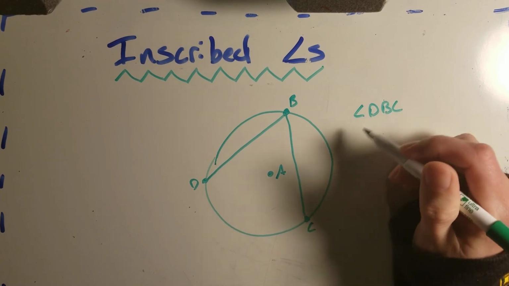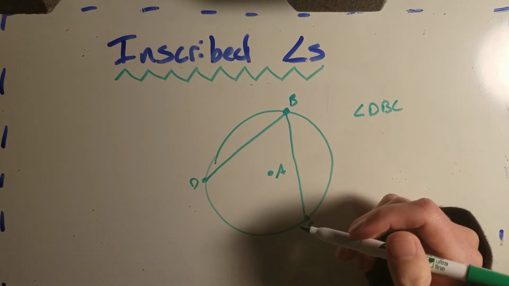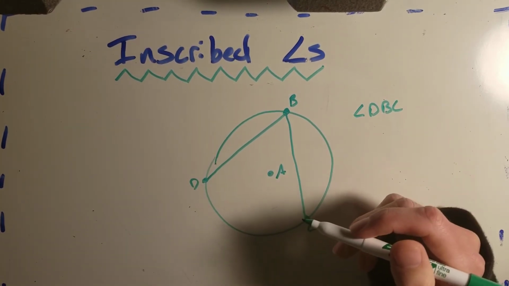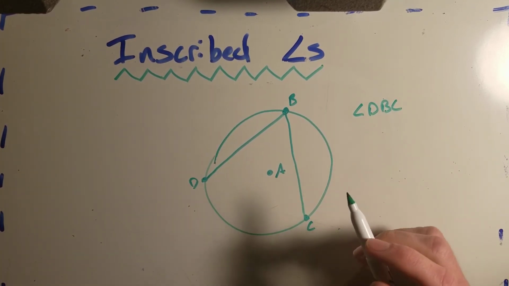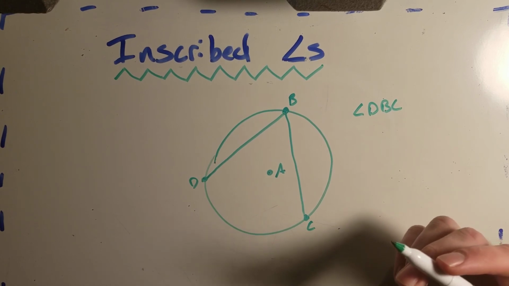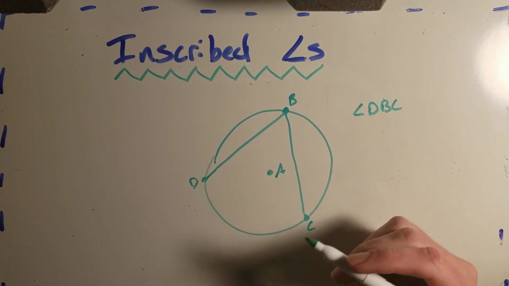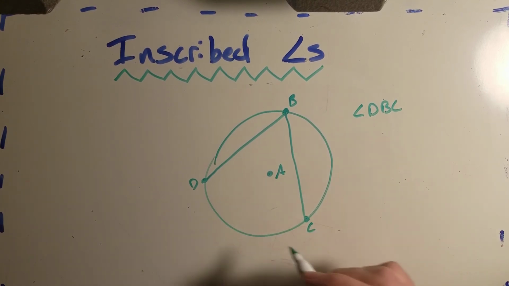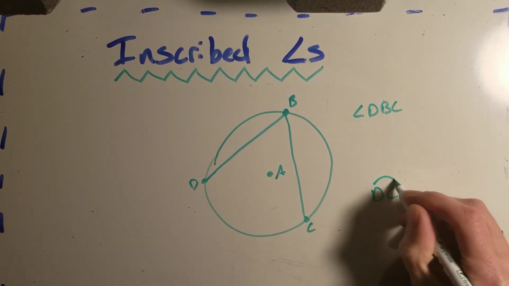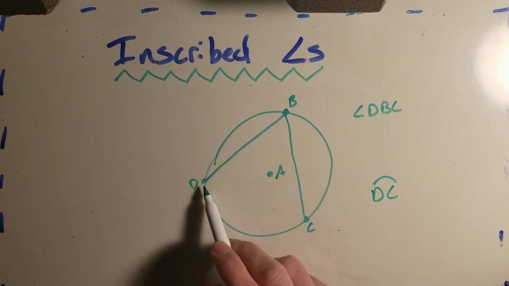Now when you have an inscribed angle like this, we also create what we call an intercepted arc. An intercepted arc is an arc whose endpoints fall on the sides of an inscribed angle. And here we have the intercepted arc DC.